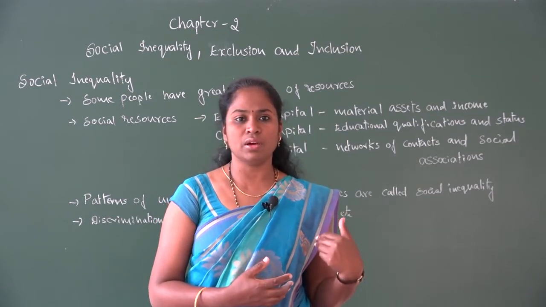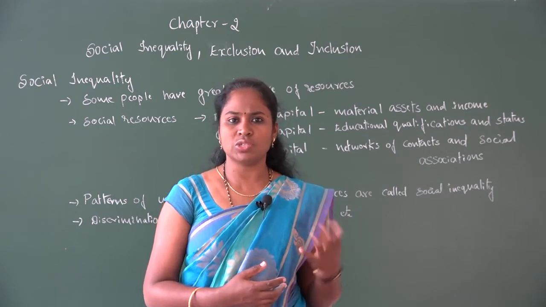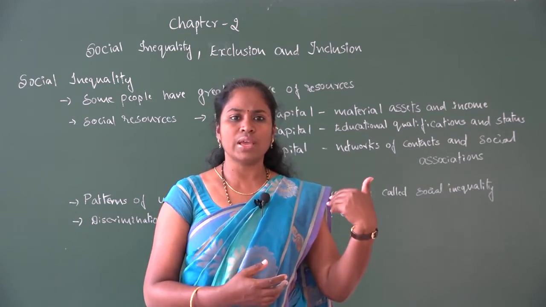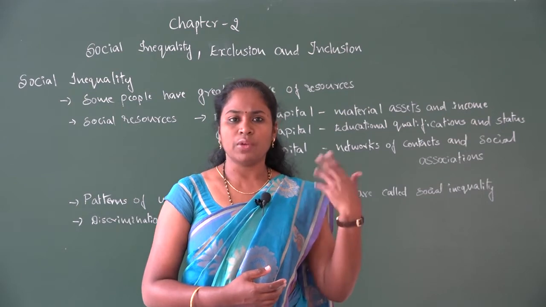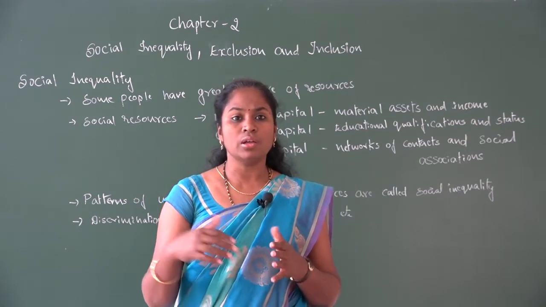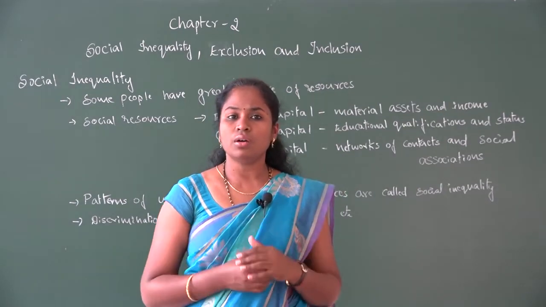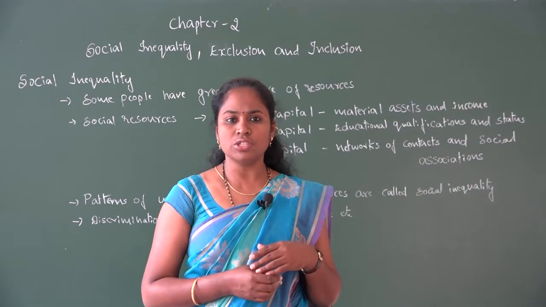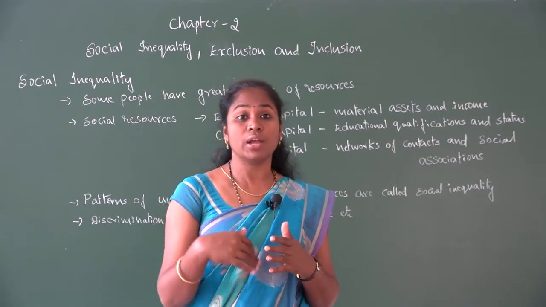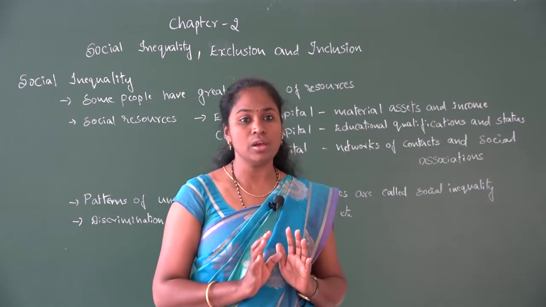For example, it may be economically or socially, culturally. If a person gets the economic status from heredity, then automatically he is passing the status on to the future generations. Because of that, he will get the economic status, the highest status, in the society.